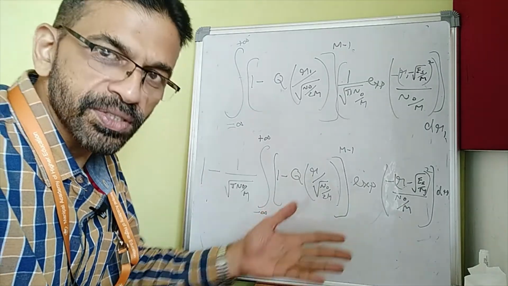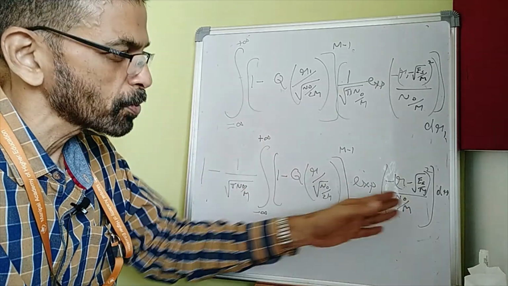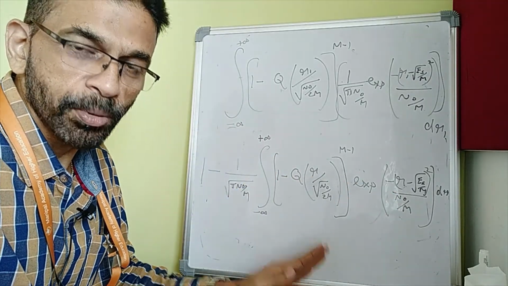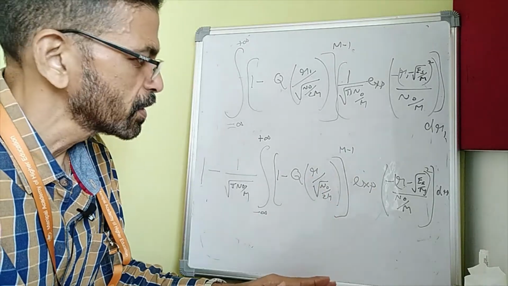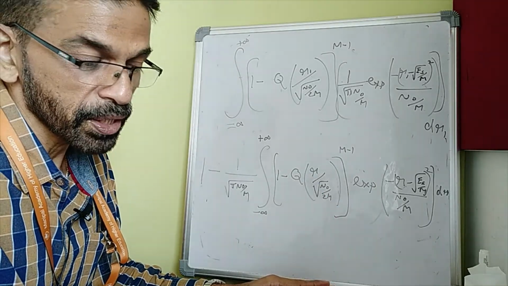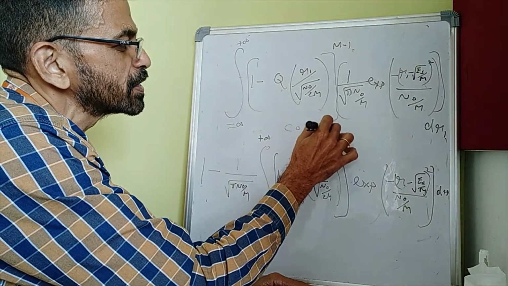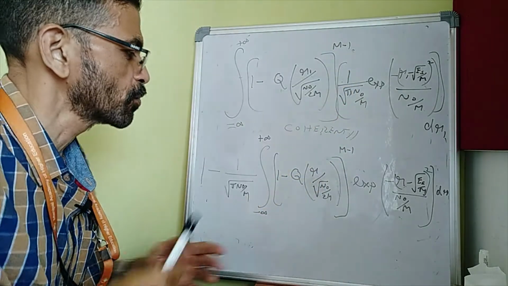Which means that since the symbols are equiprobable, this is the probability of error in detecting a symbol by the M-ary FSK receiver, which employs coherent detection. Non-coherent detection we will discuss later, and I have already explained what is coherent detection.